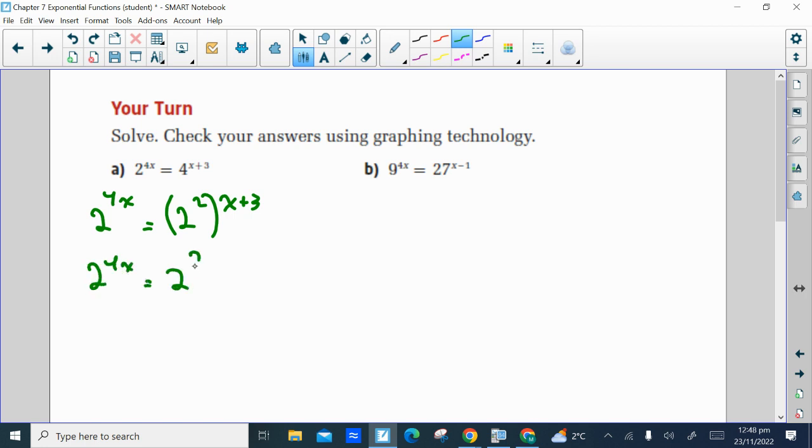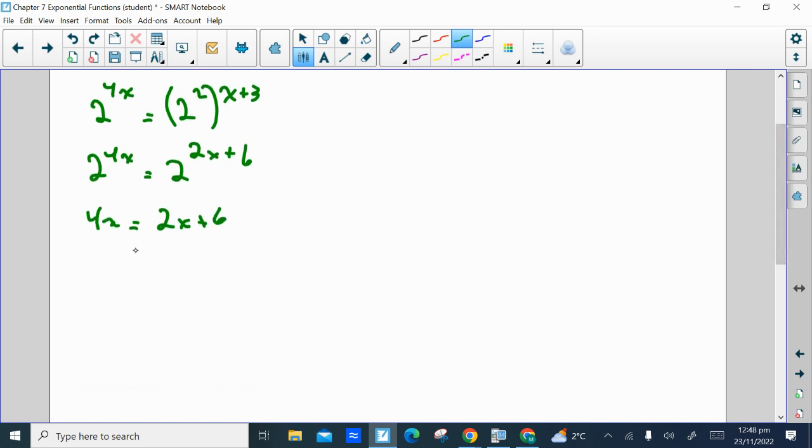So that'll be 2 to the 2x plus 6, when you multiply out those exponents. Bases are equal, so now the exponents will be equal as well. I'll subtract the 2x from both sides and then divide by 2, and we get an answer of x equals 3.